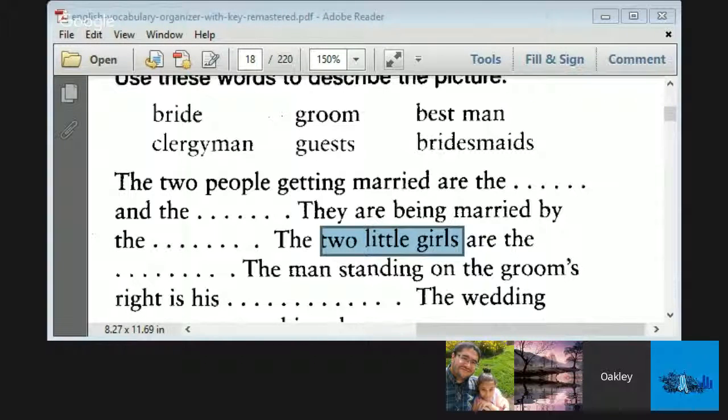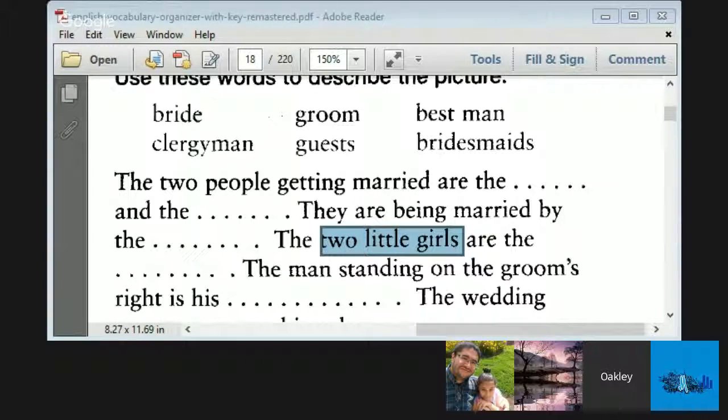The best man actually does some things. The maid of honor for the bride will help her choose her dress. She'll help her pick out flowers. Maybe she'll even pick out the flowers. So the maid of honor and the best man actually have some responsibilities towards the wedding. Okay. All right.